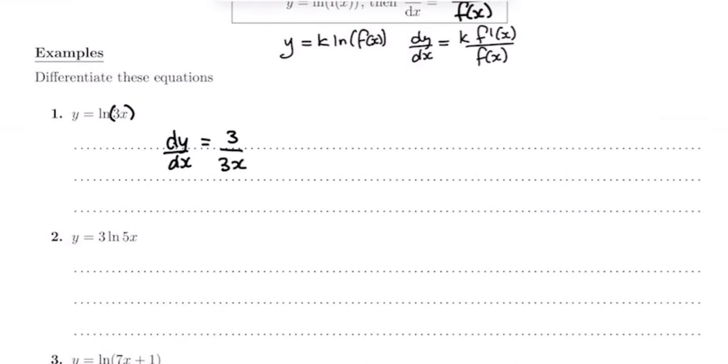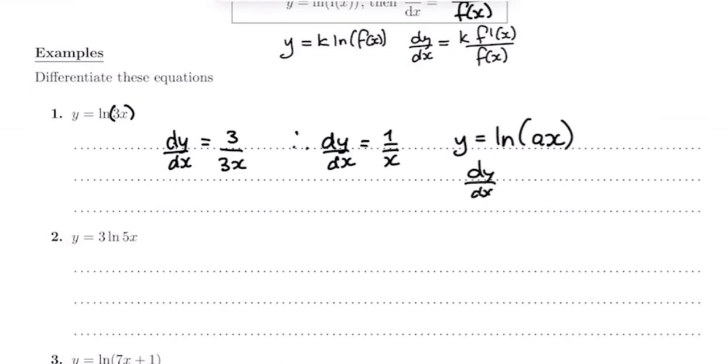So 3 over 3x, therefore dy/dx is 1 over x. In fact, if y equals the natural log of any multiple of x, as long as it's just ax, then dy/dx is 1 over x.